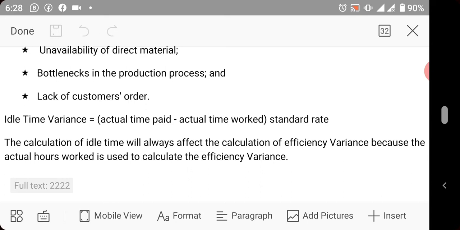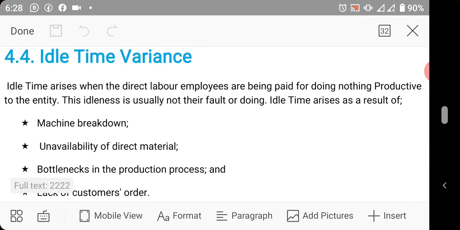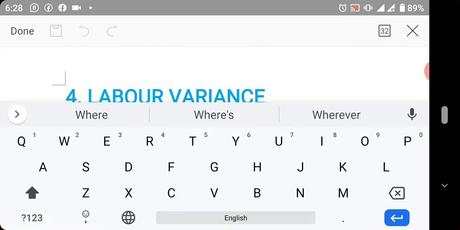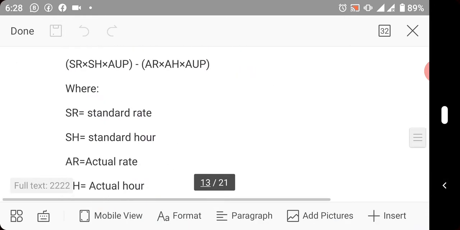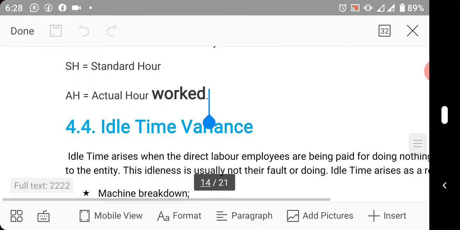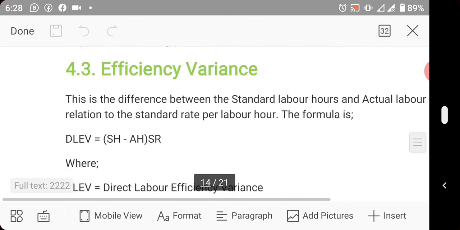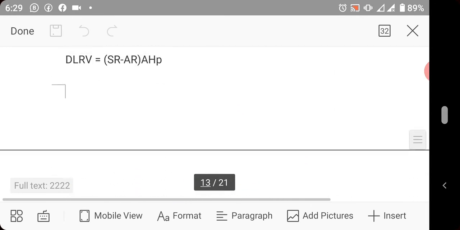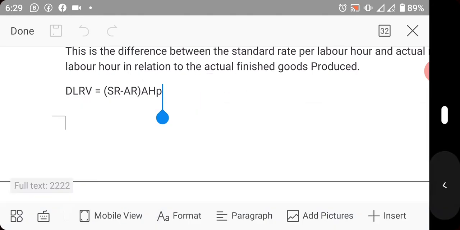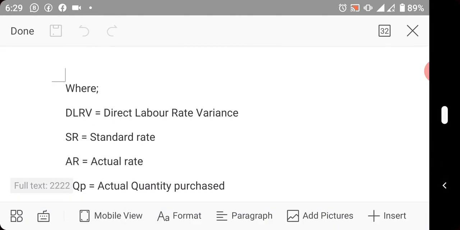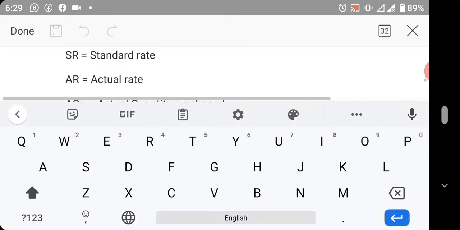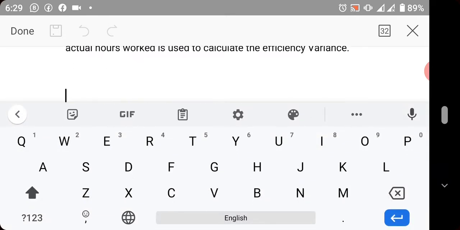It makes up the difference between this actual hour inefficiency and the actual hour in rate. The actual hour in rate here is actual hour paid for. And I reiterate here also that this actual hour paid for is very important.